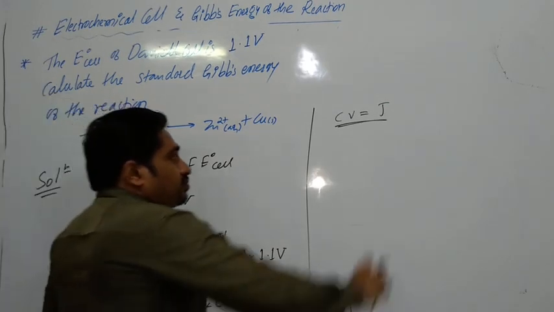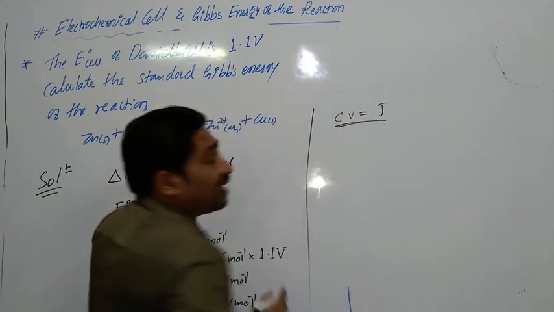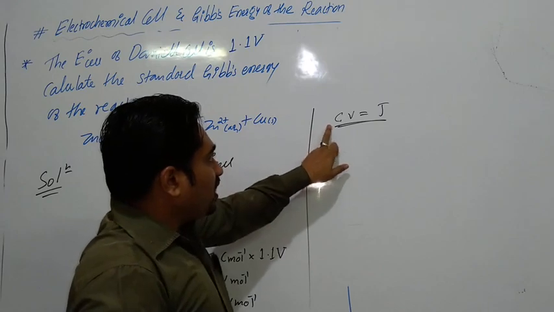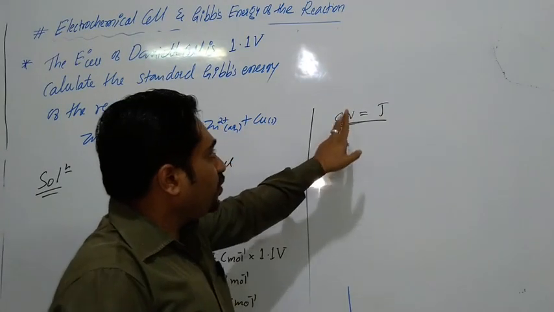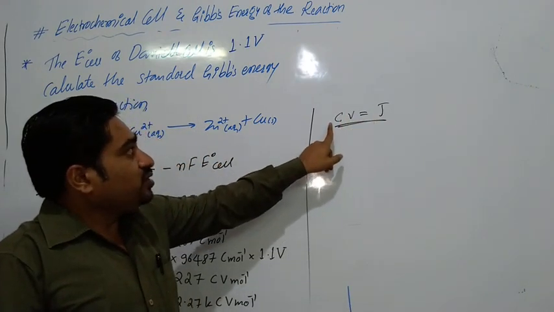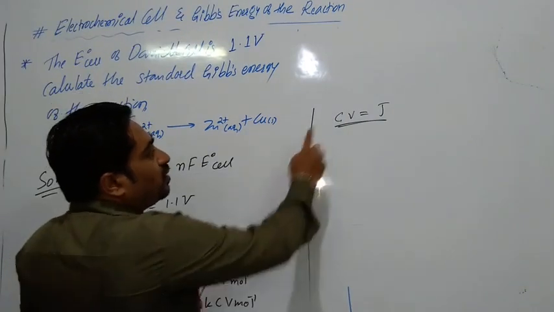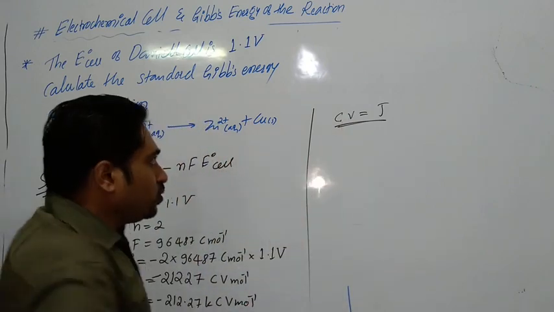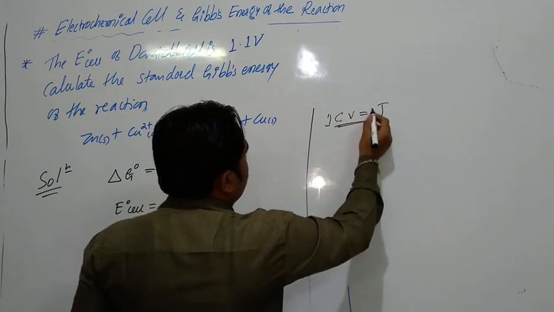The amount of energy required to transfer 1 coulomb of charge across a cell potential of 1 volt. So coulomb volt is equal to joule, meaning 1 coulomb volt is equal to 1 joule.